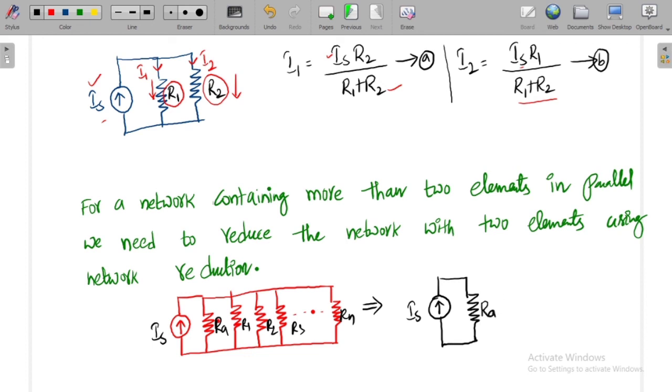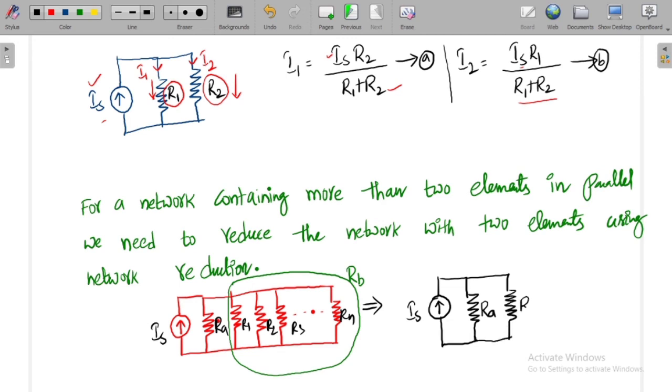One resistor is Ra and the other resistor is the parallel combination of resistors R1 to Rn, because I want to know the current flowing through Ra, so I should not remove it.